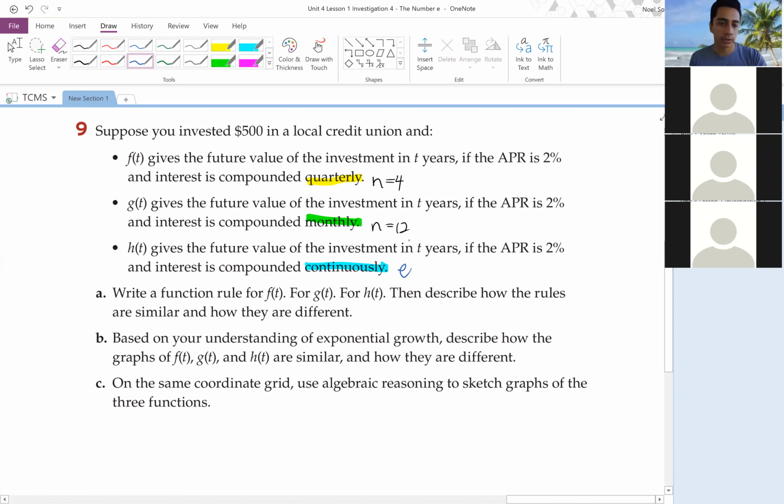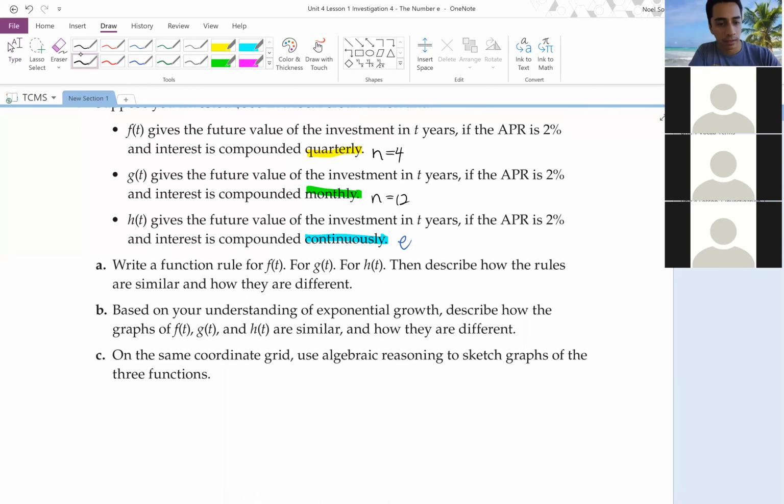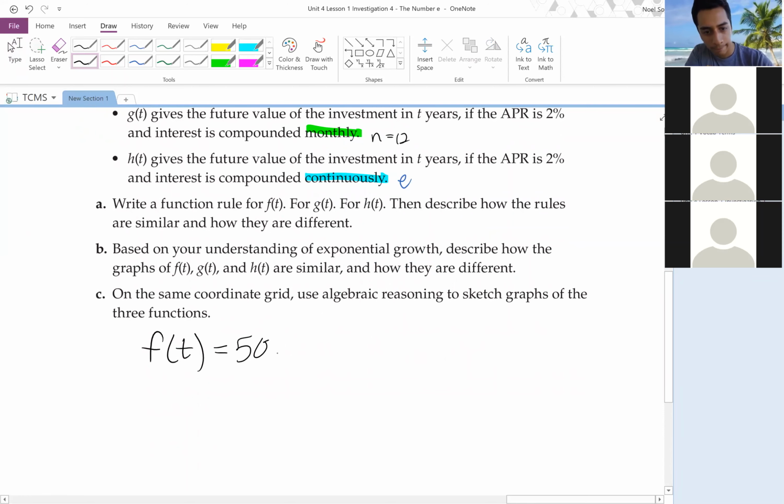Okay, so the rule or the function for F of t is going to equal, because we're compounding quarterly, this is the old compound interest formula, right? We have an initial investment of, I believe, 500, times 1 plus your rate.